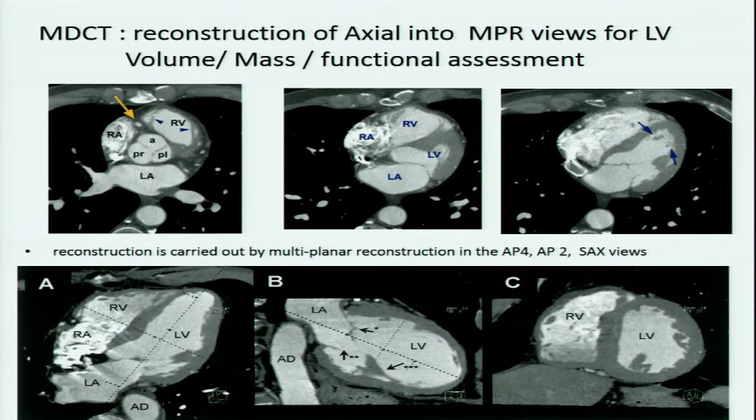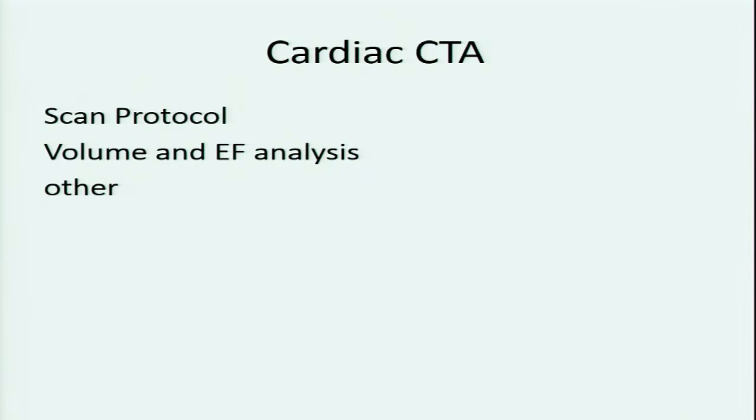That's what you see when you open the images in the workstation, and then you can do multiplanar reformat to orient to the axes that we are very familiar with, especially from the echo: apical 4, apical 2, and short axis to assess the volume and ejection fraction.